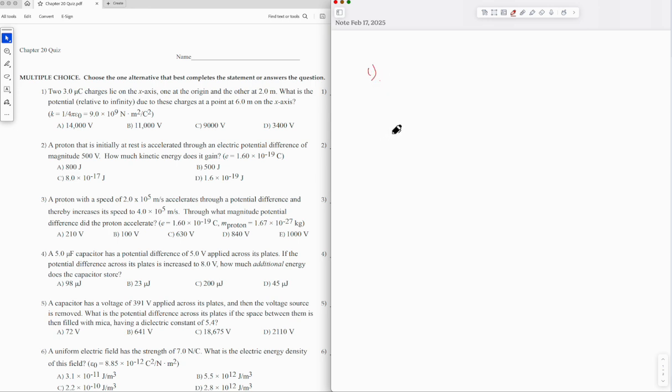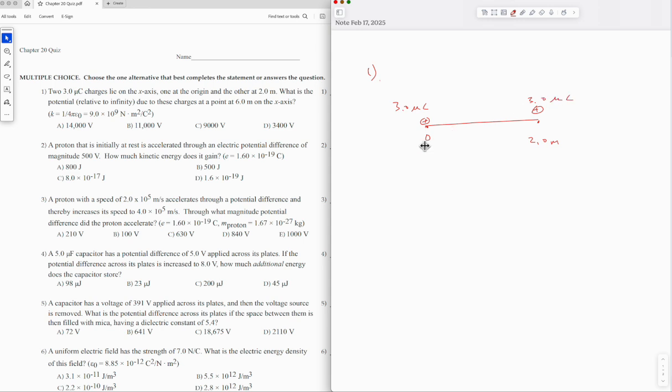Two 3.0 microcoulomb charges lie on the x-axis, one at the origin and the other at 2 meters. So this is 0, this is 2.0 meters, and 3.0 microcoulomb here and here.